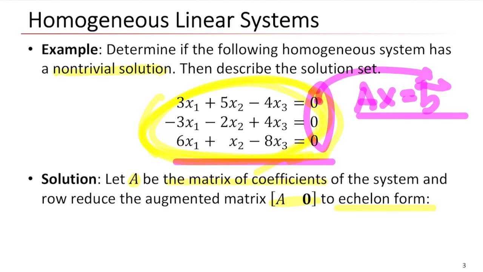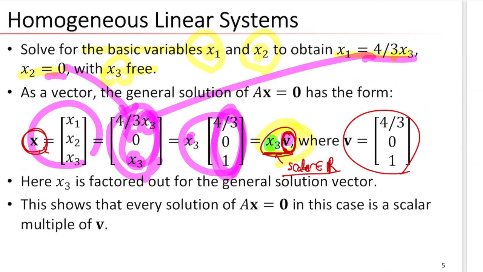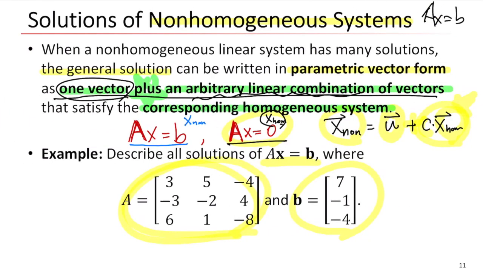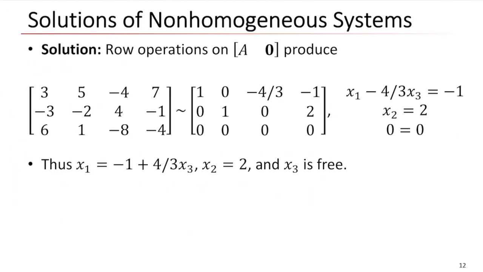So this system was Ax equals 0, but in this case there is the additional vector b. Then how can you do it? First of all, we should row reduce this augmented matrix like this. This is the coefficient matrix, and this is the right-hand side of the system.